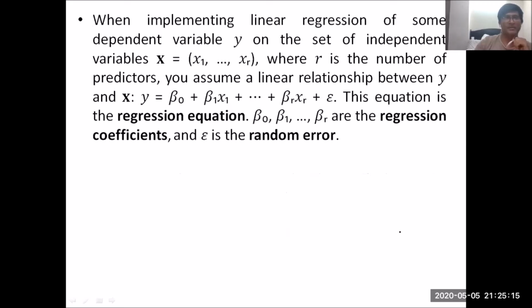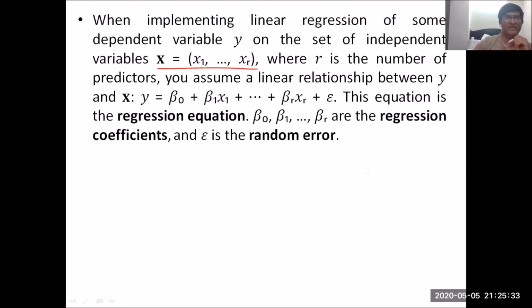When we implement linear regression of some dependent variable y on a set of independent variables, for example, the independent variables can be represented in the form of x1 to xr, where r is the number of predictors.